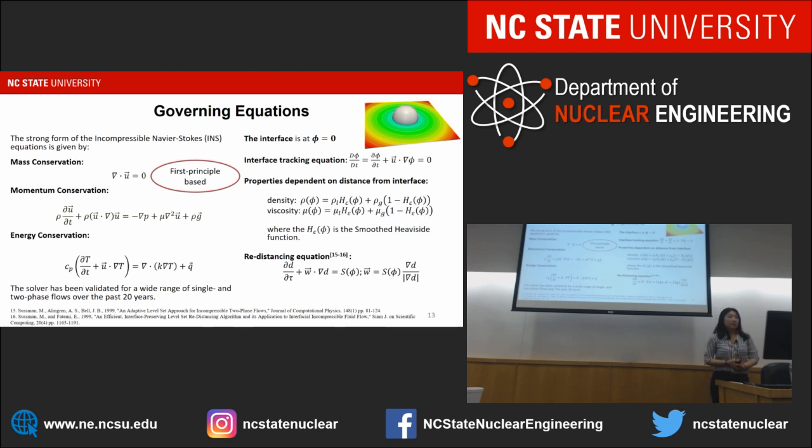The property jump across the interface from liquid to vapor is smoothed using a Heaviside function, and the redistancing equation is used to correct the interface while the bubble is moving through the domain.